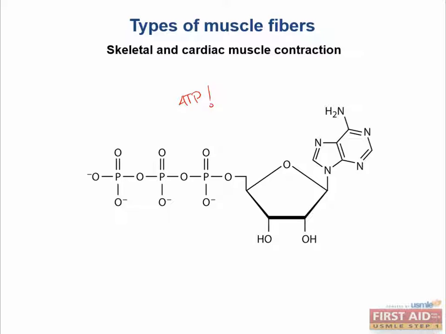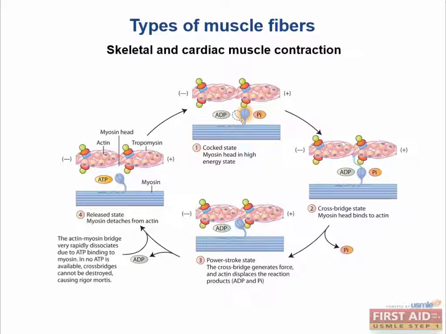The energy from the ATP is then used to reset the myosin head into the cocked position, leaving behind an ADP molecule on the myosin head, and the conformational change so it's ready to bind to the actin binding site again. Repetitions of this cycle lead to repeated cross-bridge formation and shortening of the sarcomere.